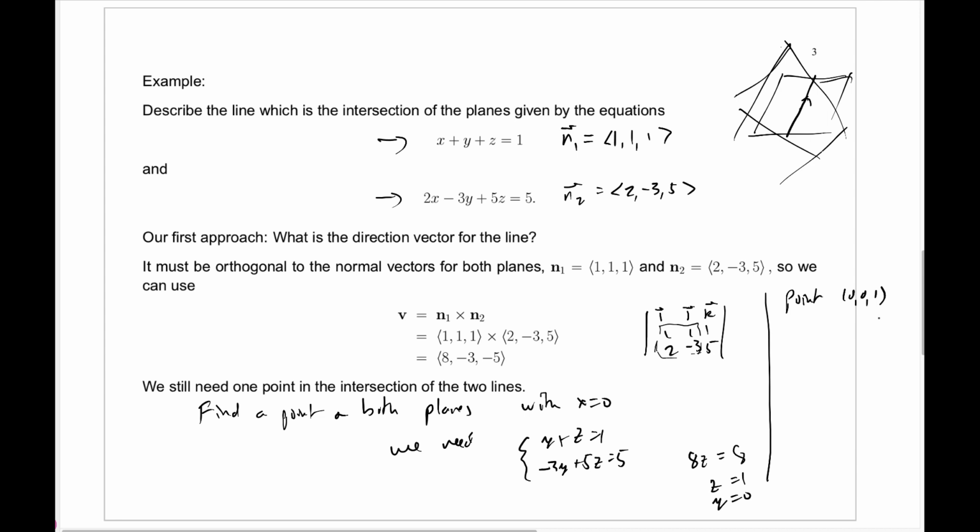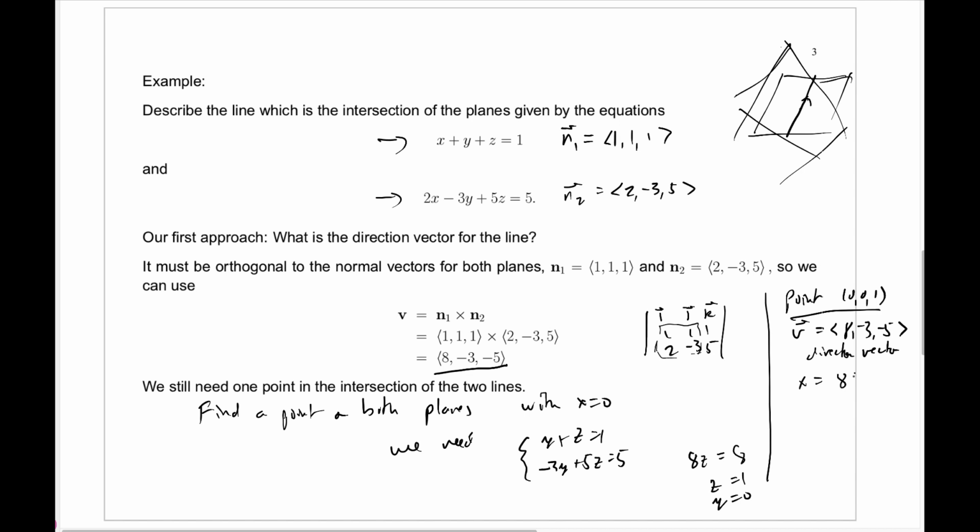Now, how do we describe a line that contains this point and has this vector? I'll repeat it here: V equals the vector 8, negative 3, negative 5 as the direction vector. Well, we can just write down parametric equations for the line, where x will just be the x coordinate here, which is 0, plus this number times t.